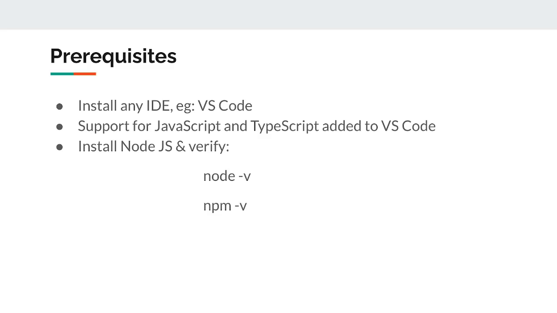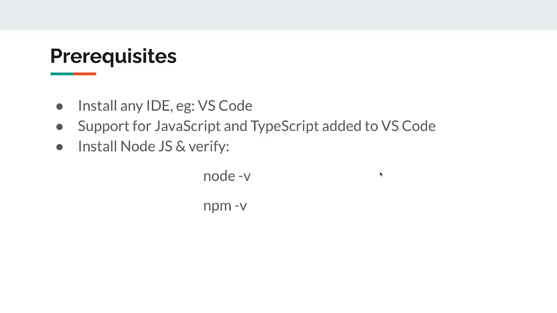For some prerequisites, if you're familiar with Cypress projects, you definitely know that you will need one IDE. In our case, we're going to use VS Code. It's up to you, whatever IDE you feel comfortable with, feel free to use that one, but our project is based on VS Code. And as you know, for supporting language, you need JavaScript and TypeScript added to your VS Code.